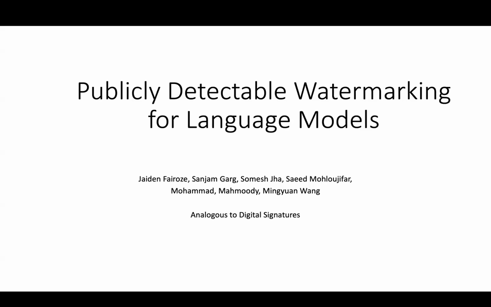So, which is not ideal because they have to run these servers. It would be nice if the detection can be done publicly by anybody who has, let's say, access to the public key for the watermarking model. Another issue is, imagine an OpenAI model generating hateful content, right?